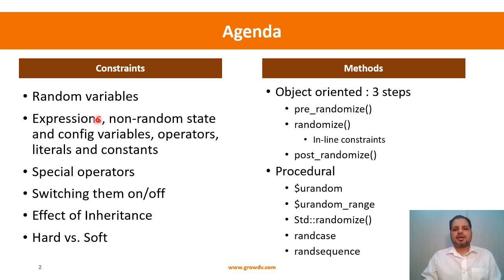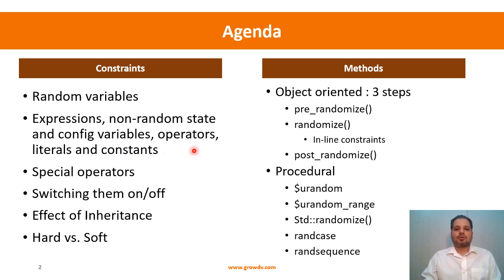In the constraints, we'll look at how we use the random variables, and then while forming the constraints, how we can use expressions, and non-random state or config variables. If you remember, we had used the FIFO config in the constraint, right? So there will be a few variables which will not be randomized, and they will just be used in the other constraints, and then various operators can be used.